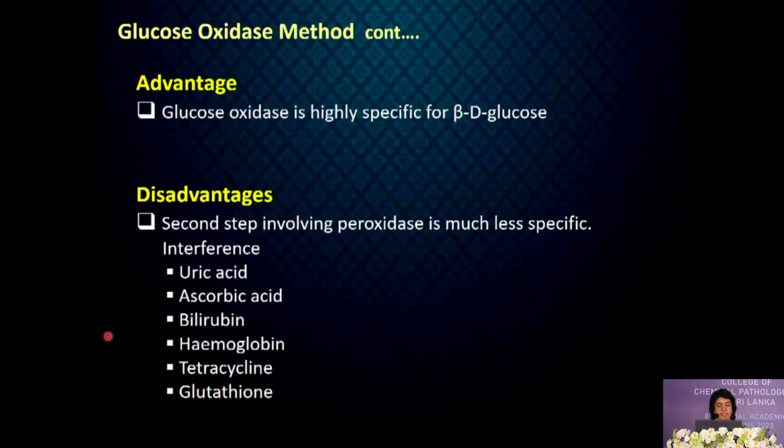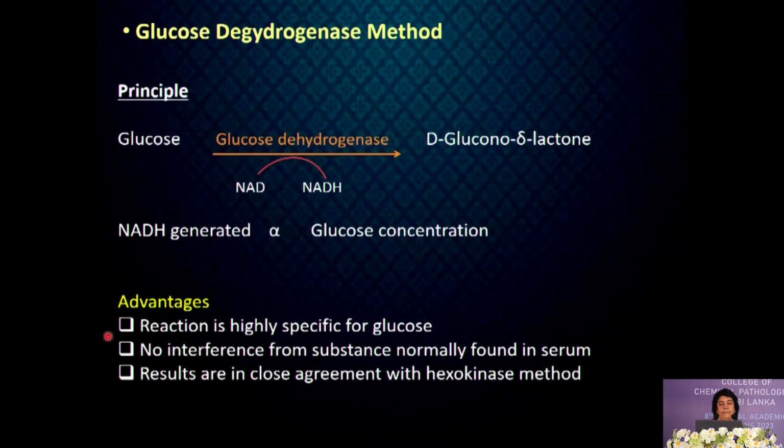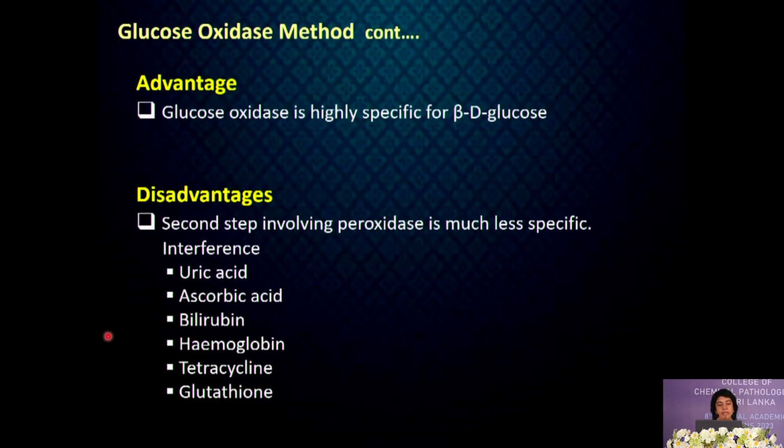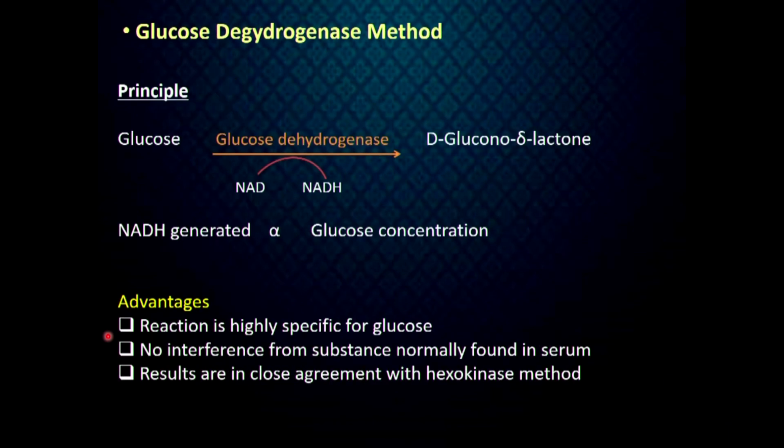These substances compete for hydrogen peroxide with the chromogen and cause low results. So nowadays, in many automated methods, the manufacturers have taken various steps to eliminate all these interferences.